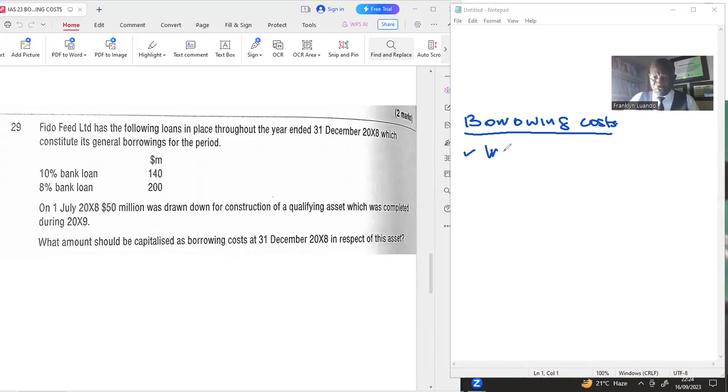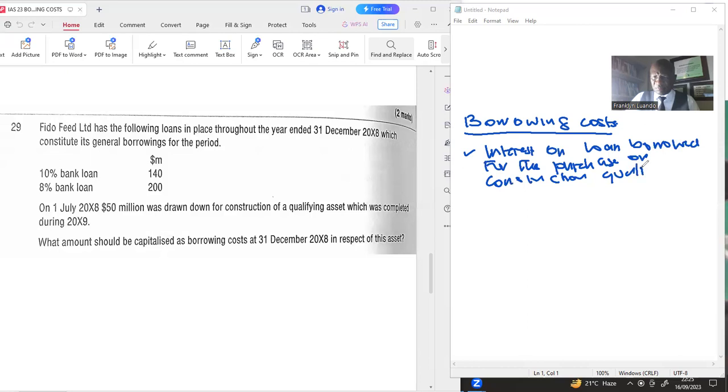So number one, interest on loans borrowed for the purchase or construction of a qualifying asset.